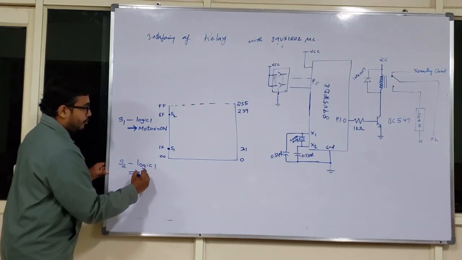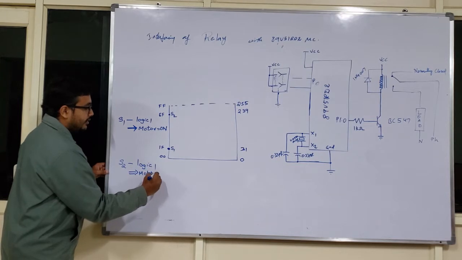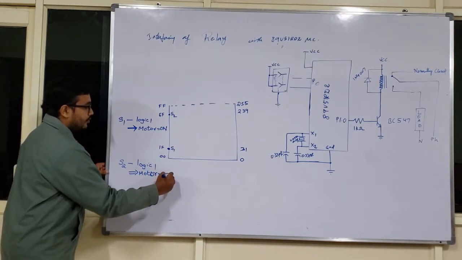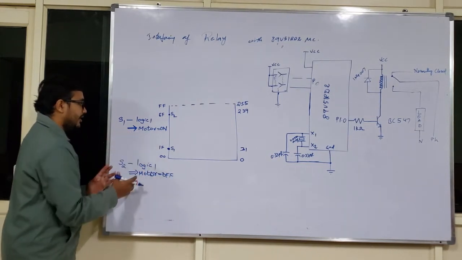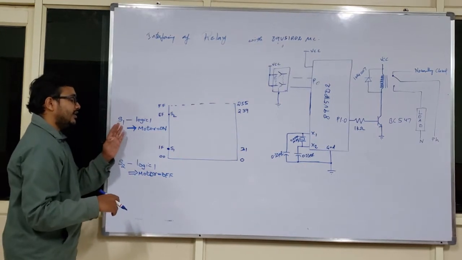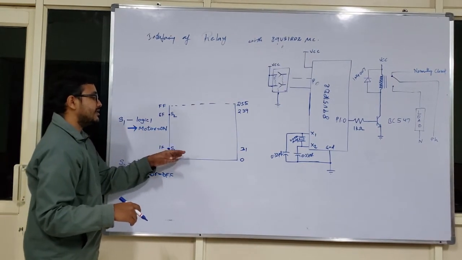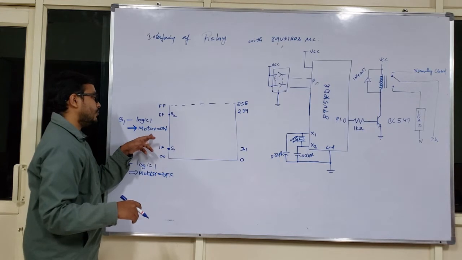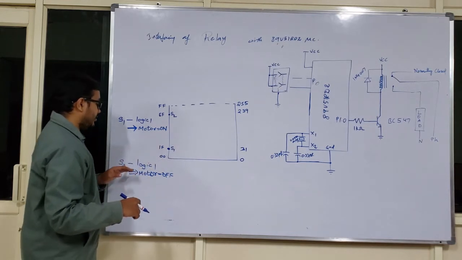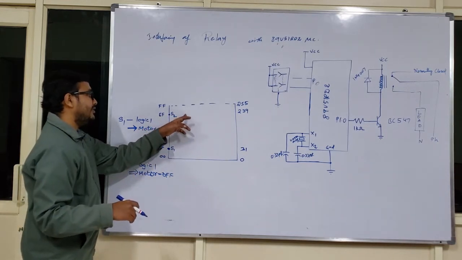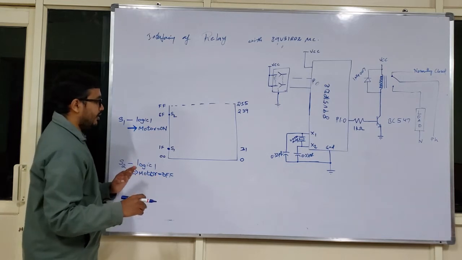Immediately the motor should be turned off. So I have two conditions. First, whenever sensor S1 is sensing the dryness, your motor should be on, and whenever your S2 sensor is sensing the wetness, your motor should be off.